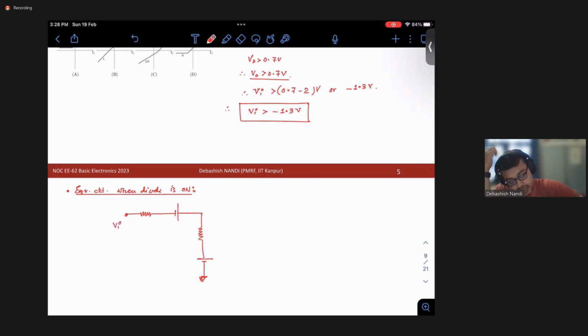So this will be your Vi, this is 1K, this is 2K, this is 2 volt, 0.7 volt, and this is your V0. So how do we write it? Vi plus 2 volt, let's say current is I, so Vi plus 2 minus 3I minus 0.7 volt is equal to 0, right? So your Vi will be 3I, this is minus 1.3, right?